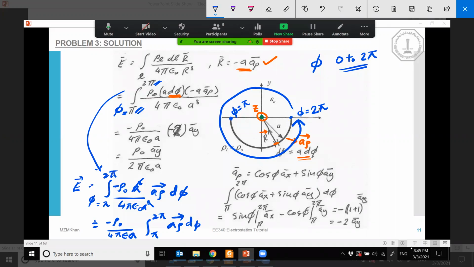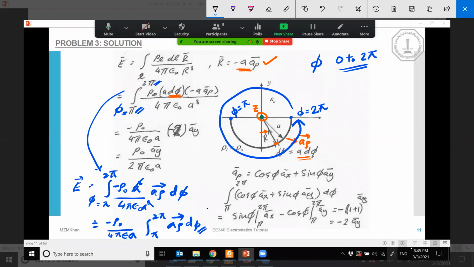Now here is the catch, guys. You need to be careful here. And I have emphasized this several times in my class: can you take the a rho unit vector outside the integral when the integral is with respect to d phi? You need to be careful. Mostly this situation will come, especially with a rho and d phi in our problems.